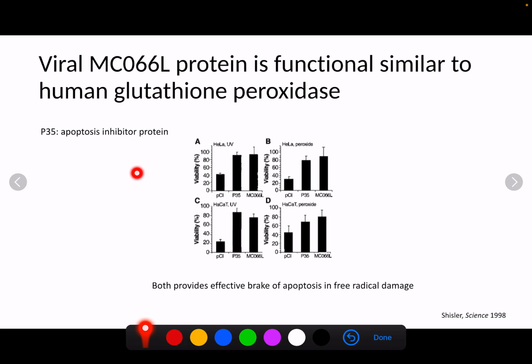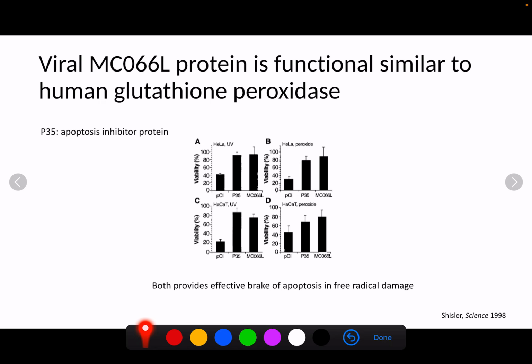The function of MC066L is that it seems to inhibit apoptosis by recovering from or protecting against free radical damage, which is very similar to the function of human glutathione peroxidase.